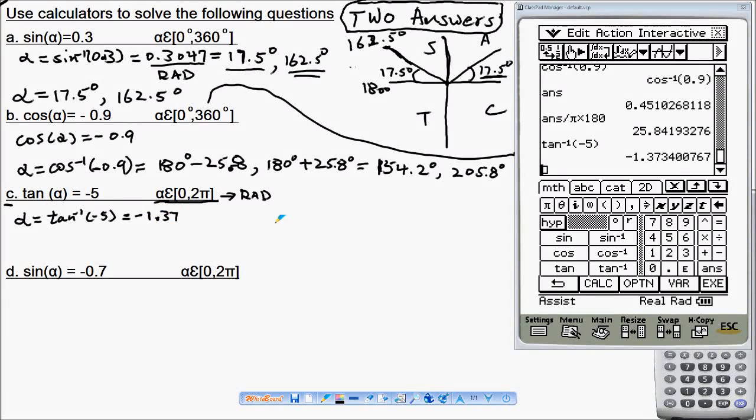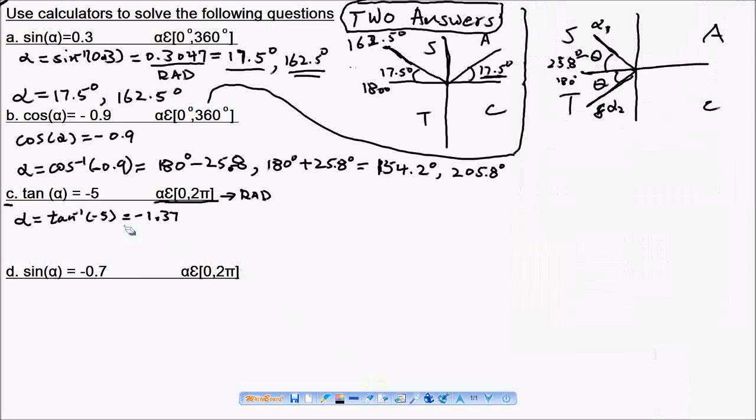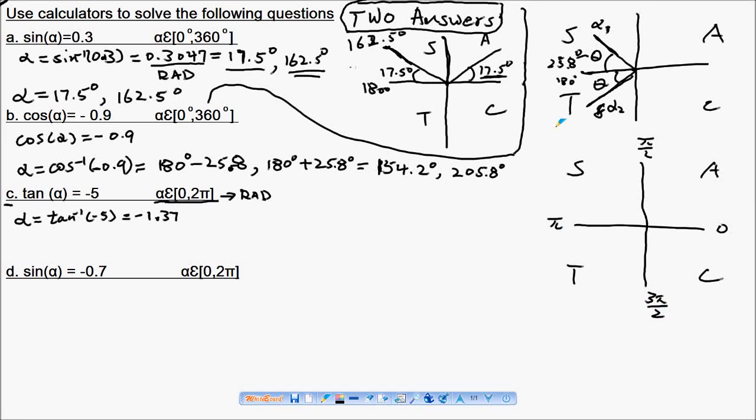Let's draw it on the unit circle. We have 0, pi on 2, pi, and 3 pi on 2 in radians.